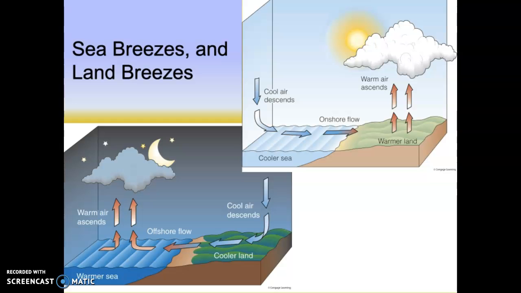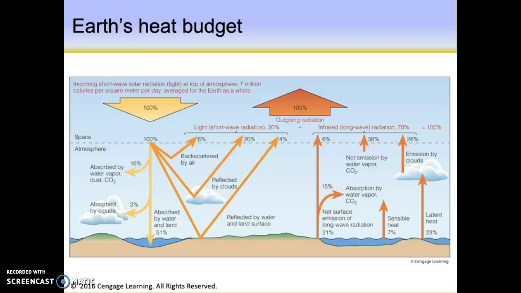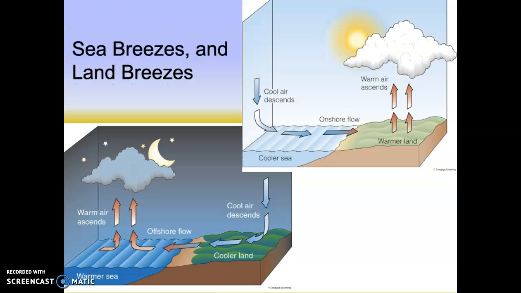Remember, the sun warms the land and the land warms the air. Let's take a look at this picture right here. The sun warms the land and water, and then that warms up the air. Well, warm air rises. And so as the warm air rises, it pulls in cool air from over the water.